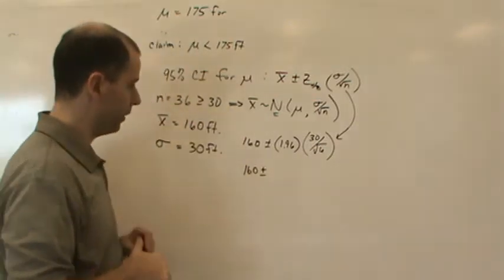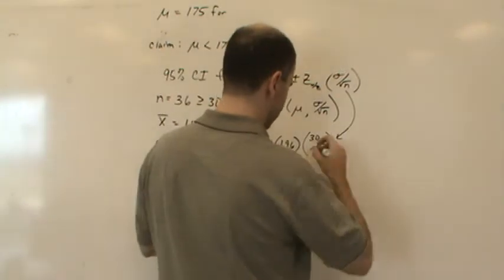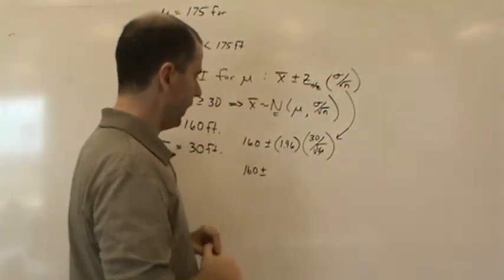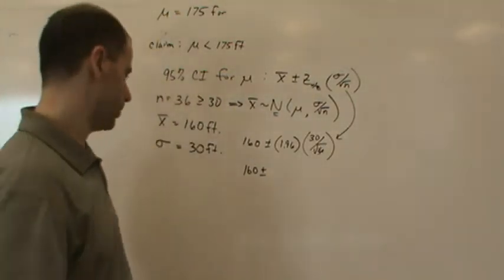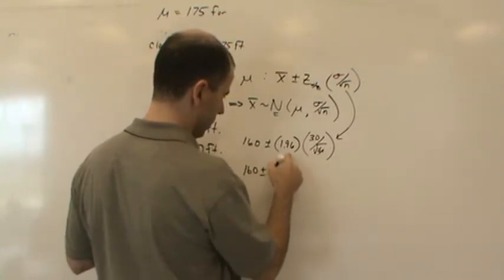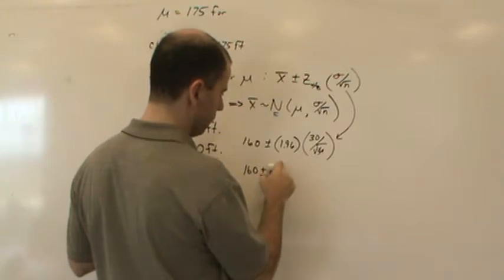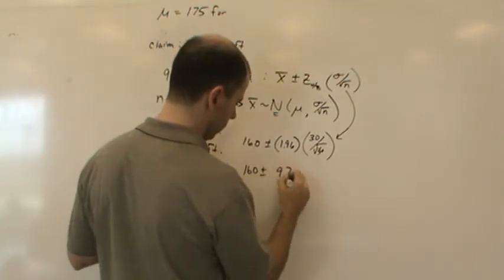So we end up with 5 times 1.96, which is going to be 9.8.